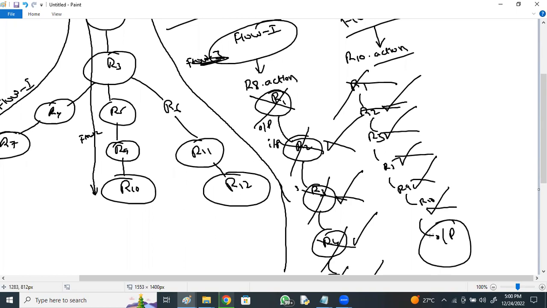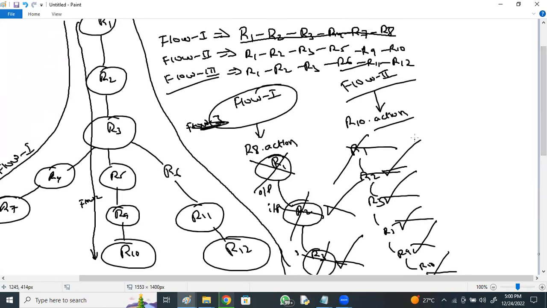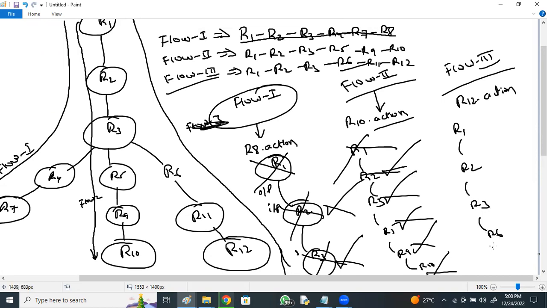You got the output. Now there is no RDD in the RAM, so next you can trigger the next flow, right? You can execute one more flow as there is no RDD. Flow 3 I will execute. R12 dot action means from R1, R2, R3, R6, R11, R12.